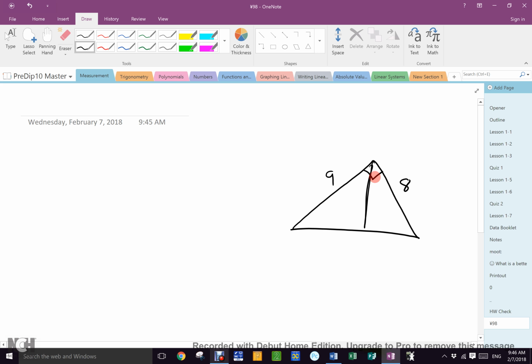I'll get the base, but I don't know the height, Mr. Myers. Everybody see the problem with that kind of thinking? That triangle is exactly the same as that triangle. I just turned it. Is everybody with me? Now, sadly, if I didn't have that there, now you're in trouble, aren't you?